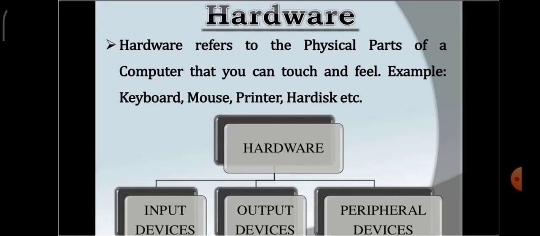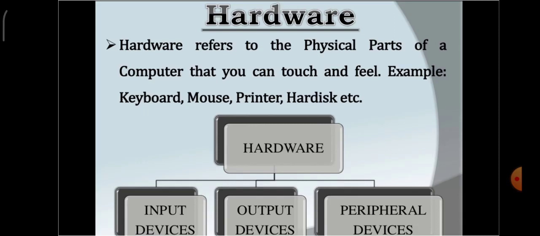Now, hardware. In the previous lesson, you understood what is a hardware. That is something which you can touch and feel. The definition of hardware goes like this. Hardware refers to the physical parts of a computer that you can touch and feel.